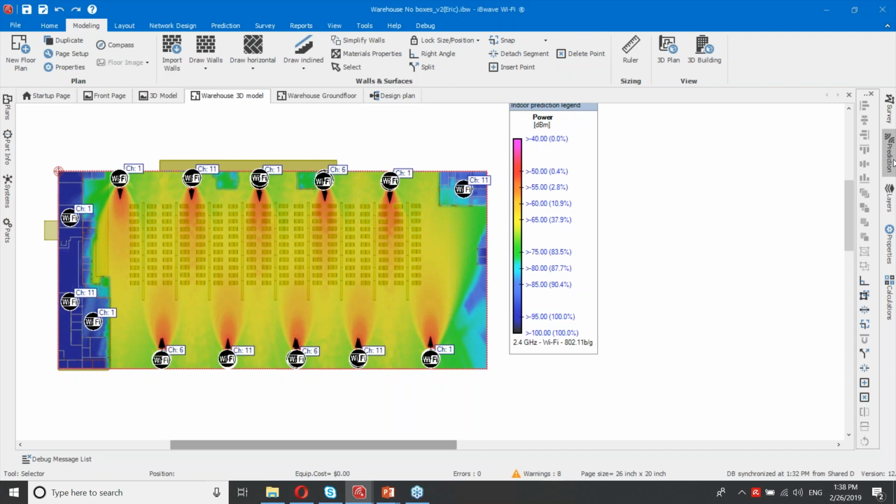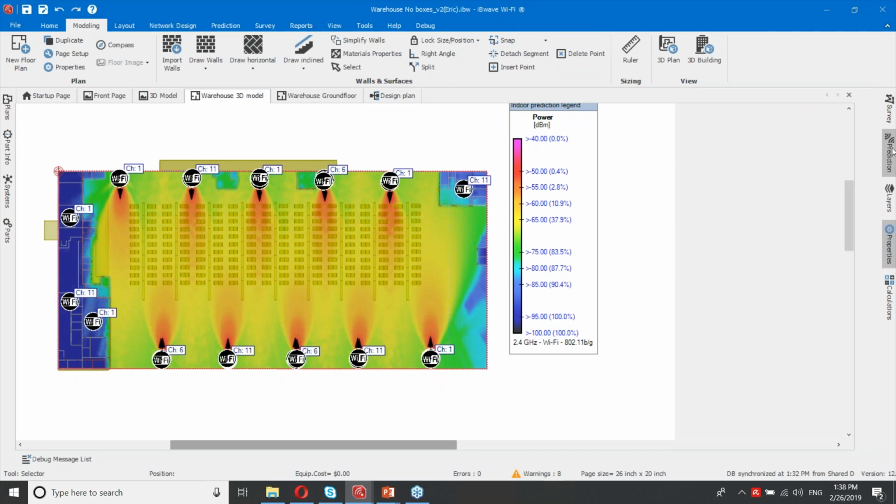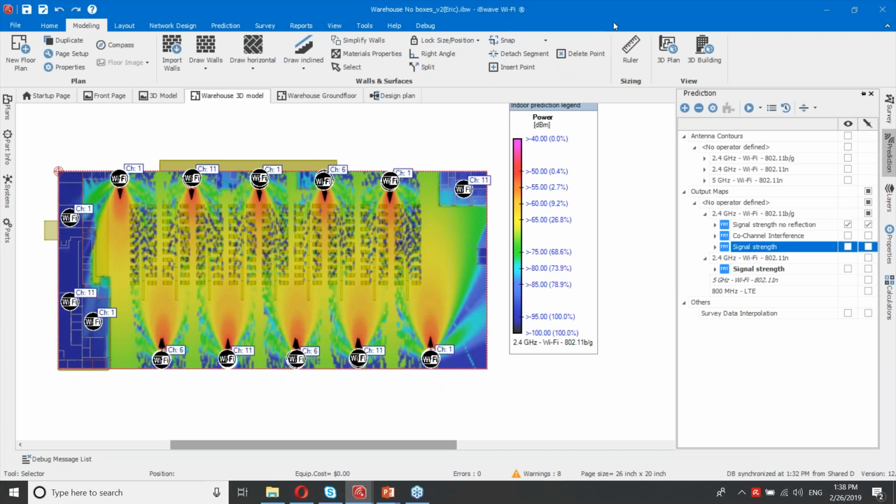And I want to point something out: there is always a question of what would happen if I do not take reflections into account. So I'm going to enable a different prediction here that is going to show you what the coverage would look like if I decided to take into account only a direct path and not reflections.